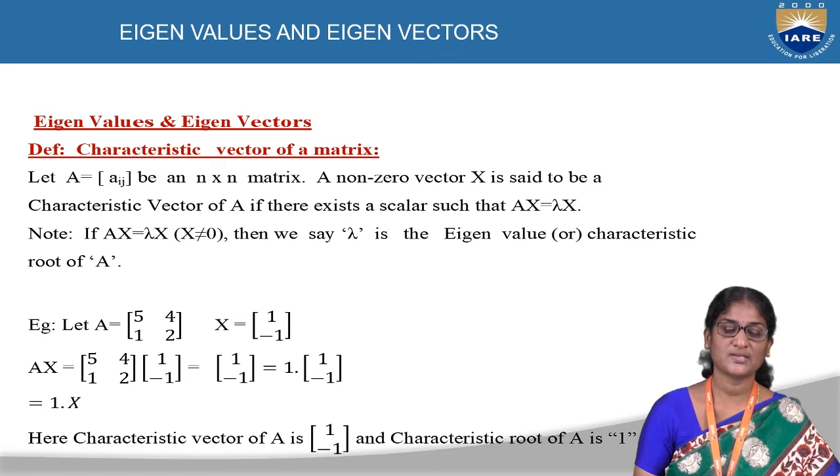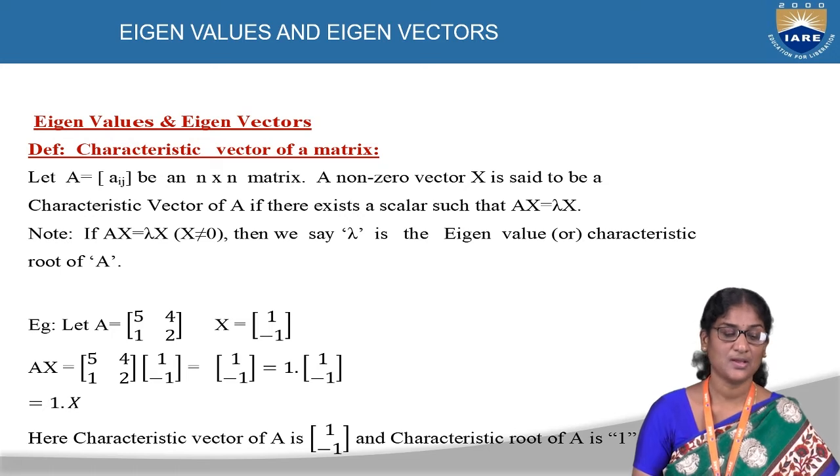A non-zero vector x is said to be characteristic vector of A if there exists a scalar lambda such that Ax is equal to lambda x. If Ax is equal to lambda x, with x not equal to 0, then we say that lambda is an eigenvalue, or eigenroot, of capital A.